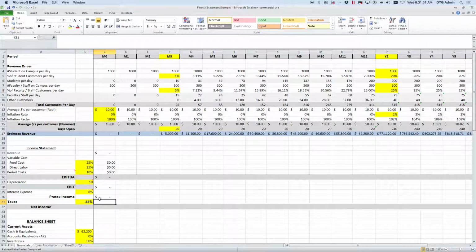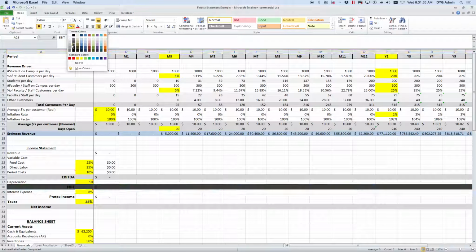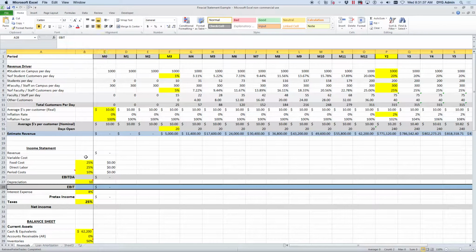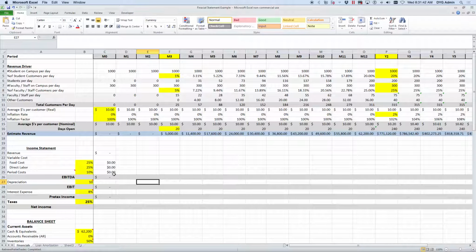Sorry, the other was depreciation, and this is that. I also like to highlight all of these things and make sure that we're on the same page about what's a total and all that sort of stuff. So I'm going to do that. And net income is equal to pre-tax income minus taxes. So we'll go ahead and fill that out for now.